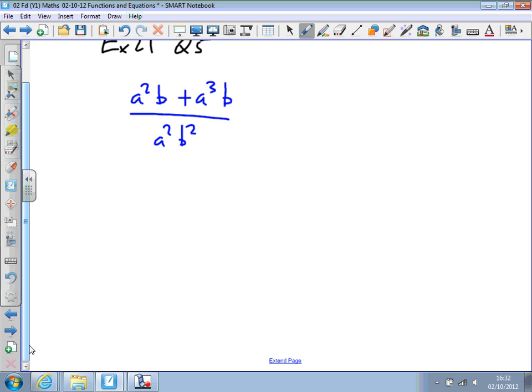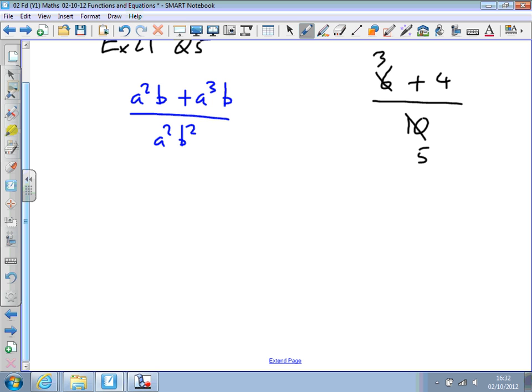I cannot cancel anything on the bottom with anything on the top at the moment because I've got an addition at the top. If I have something like this, here's a little aside, 6 plus 4 over 10, we know that answer comes to 1, okay? I can't look at that and say, 2 goes into 6 3 times, 2 goes into 10 5 times. It doesn't work. 3 plus 4 is 7 over 5.